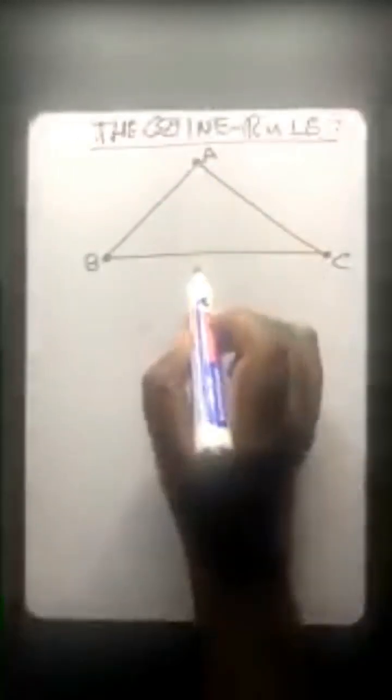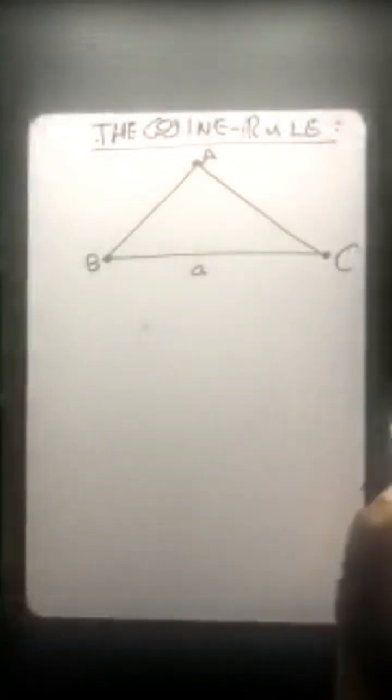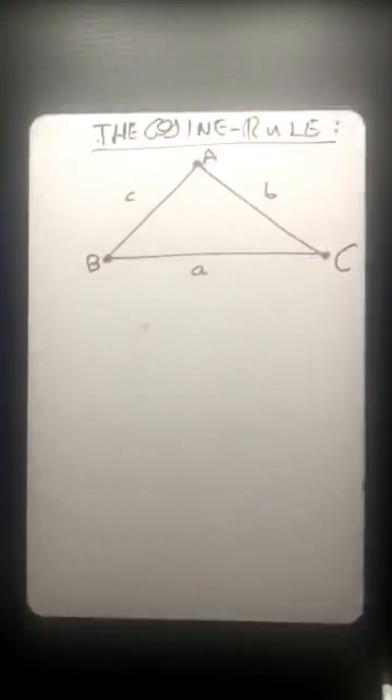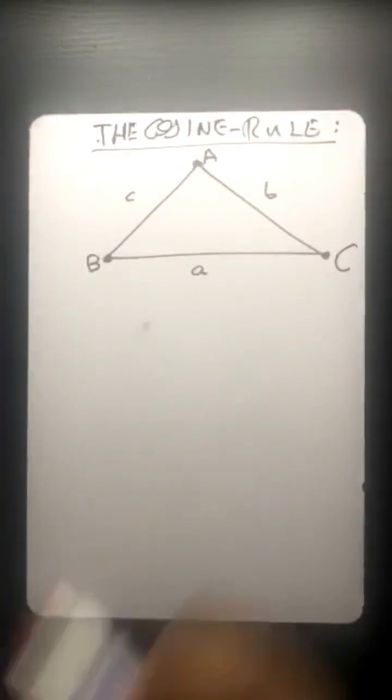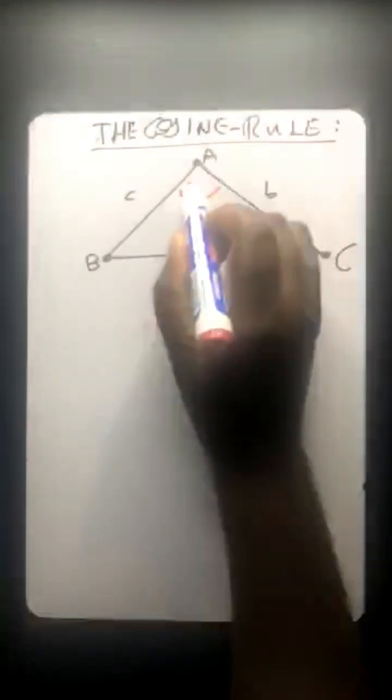Now the side opposite to angle A is small letter a, then b, and small c, which is that side. But remember, guys, this is how you represent the angle: that angle is A, this is B, this is C.